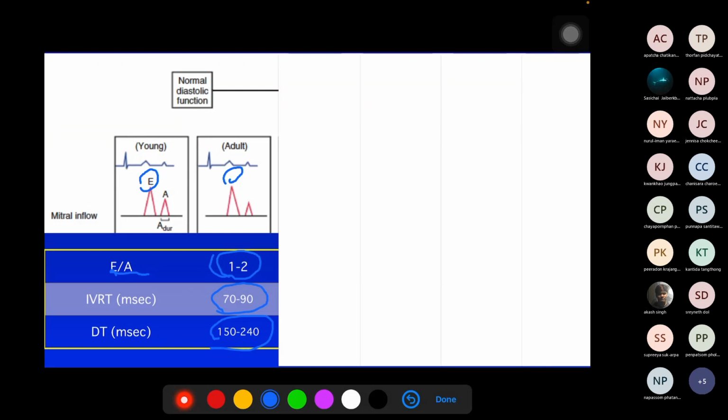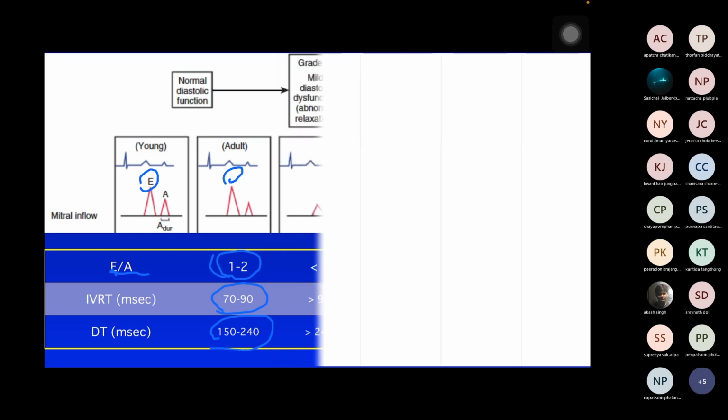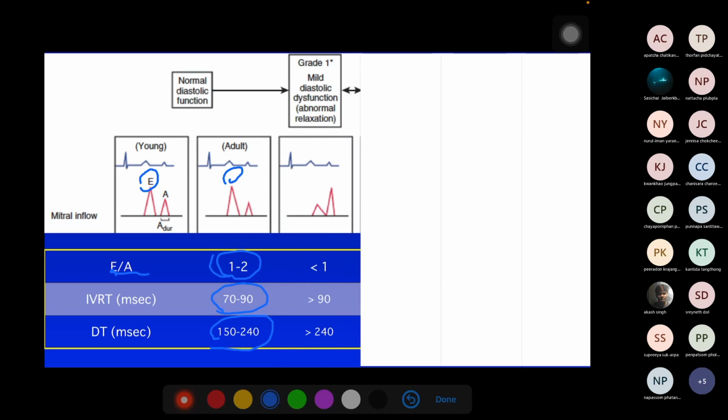Okay, when the patient starts to have diastolic dysfunction, this will start from abnormal relaxation. When the abnormal relaxation is grade 1, these parameters will change to abnormal.